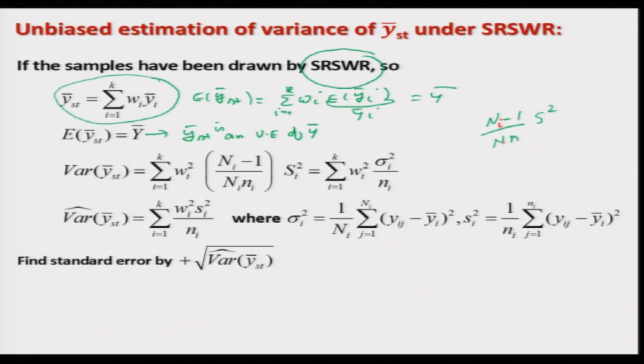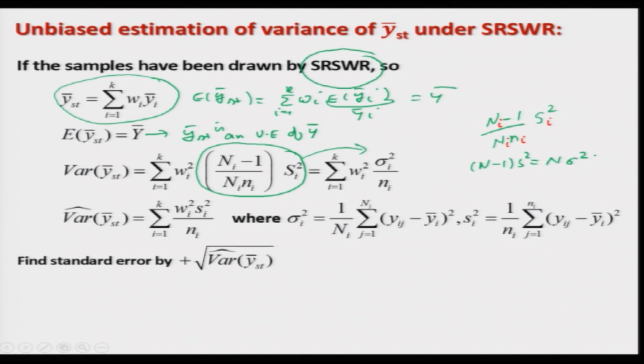So capital N becomes Ni, small n becomes small ni, and S square becomes the variance of the ith stratum. I simply replace the variance of y bar i by this quantity, and you can see that this is nothing but the summation of Wi square sigma i square upon ni. If you remember, we had used the relation that n minus 1 times S square is equal to n times sigma i square.